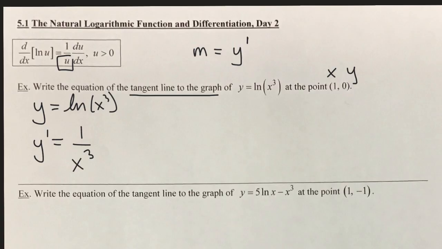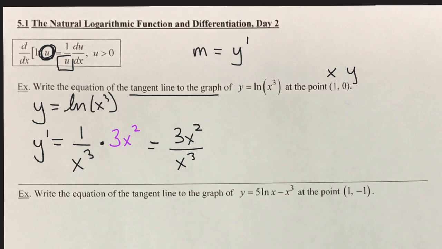So whatever your u is here becomes your new denominator, and then we multiply it by the derivative of x cubed, which is 3x squared. Okay, so that's our natural log derivative, 3x squared over x cubed.